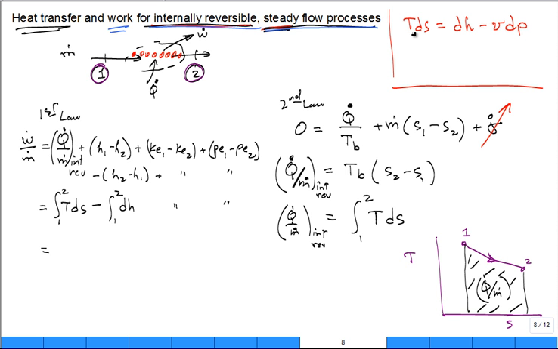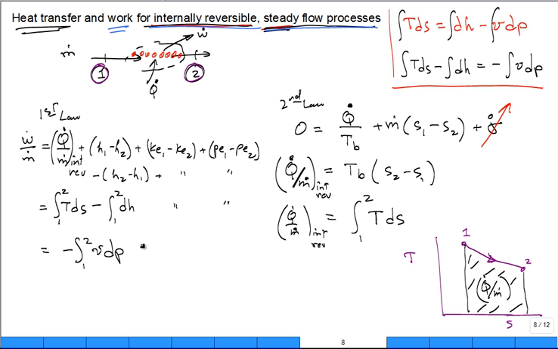So if I integrate, the integral of TdS minus the integral of dH is equal to minus the integral of VdP. So I replace both of those by an integral from 1 to 2 of minus VdP.